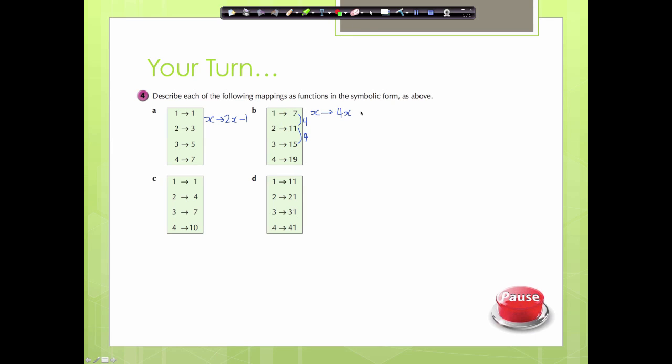So try it for another number, so 3 to 15. 3 times 4 is 12, add on 3 gives me the 15, so we know that works. For this one, it's going to be 3x and then minus 2. And then for the last one, we have got 10x and then add on the 1.